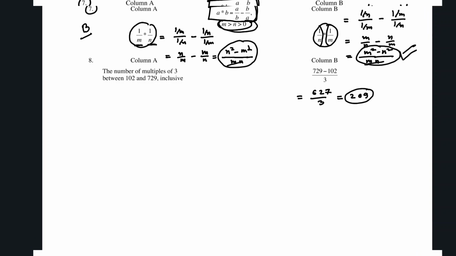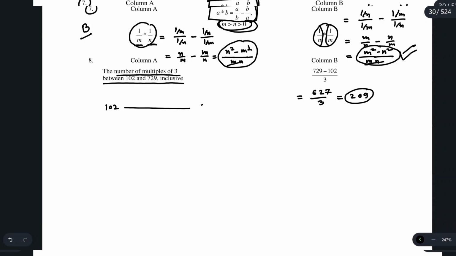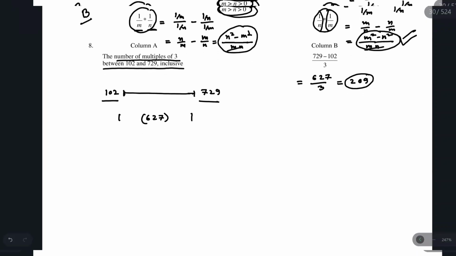Now let's try to figure out the value for column A. The number of multiples of 3 between 102 and 729. So we start from 102 and we end with 729, and we try to figure out how many numbers, including 102 and 729, are divisible by 3. And that can also be figured out from the difference. So if we subtract 102 from 729, the range here is 627, because we have seen it from column B when we subtracted the numerator.